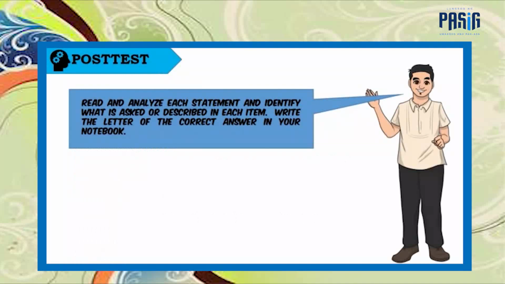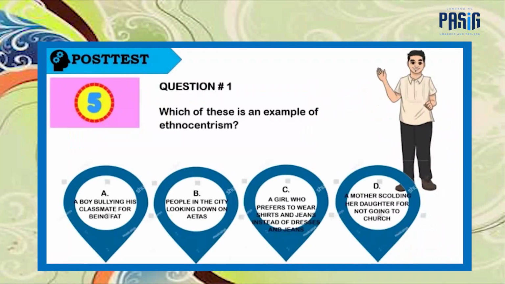For our post test, read and analyze each statement and identify what is asked or described in each item. Write the letter of your correct answer on another sheet of paper. Question 1. Which of these is an example of ethnocentrism? A. A boy bullying his classmate for being fat.